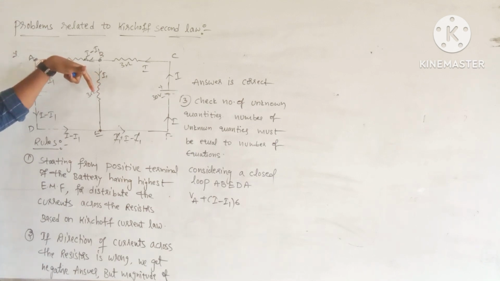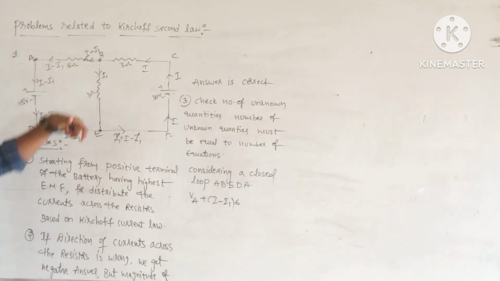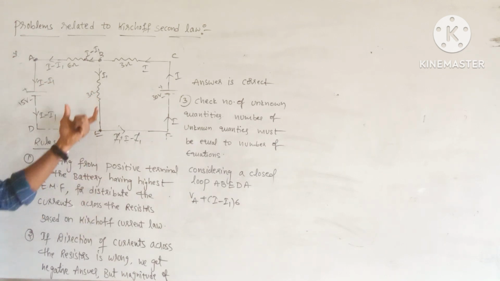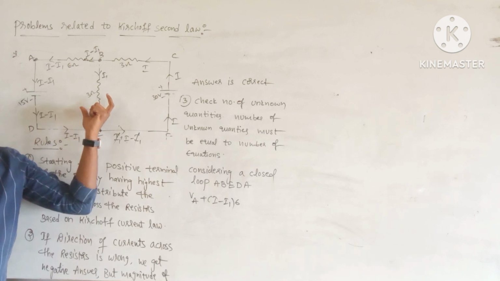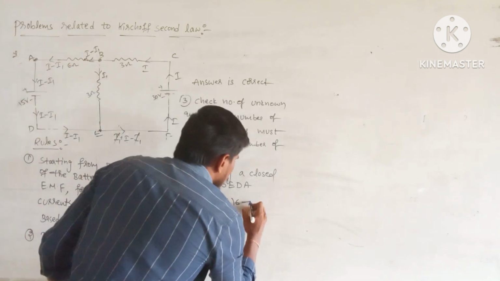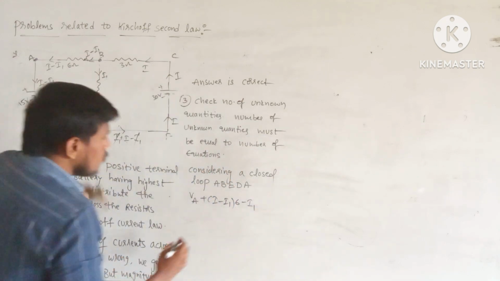So according to the sign conventions, when we move in the direction of electric current, what is the potential difference across the resistor? Negative. Minus I1 into 3.